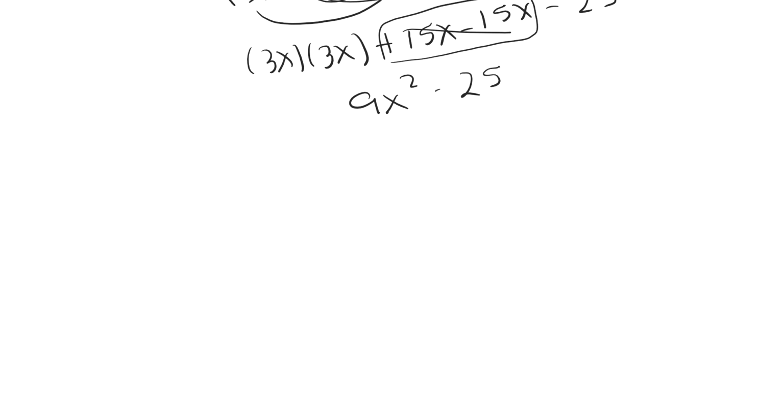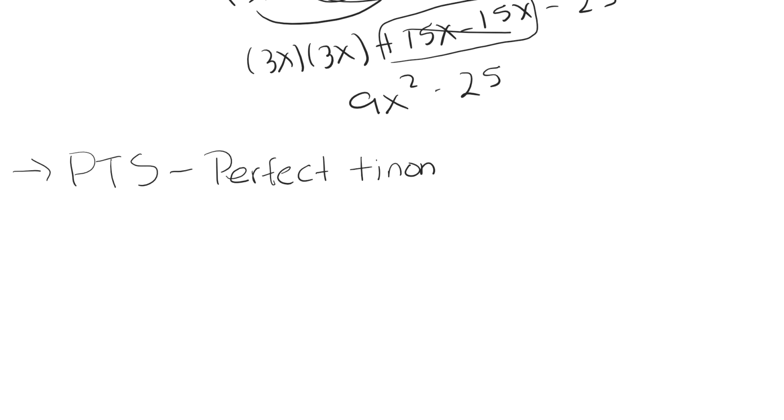Okay, the next concept is perfect trinomial squares, and you need to write this down. And PTS is not post-traumatic stress. That's not what we're going for here. I know we all feel a little stressful right now, but perfect trinomial squares.